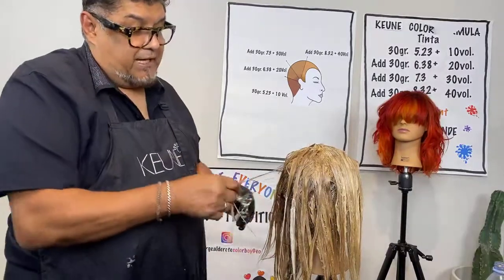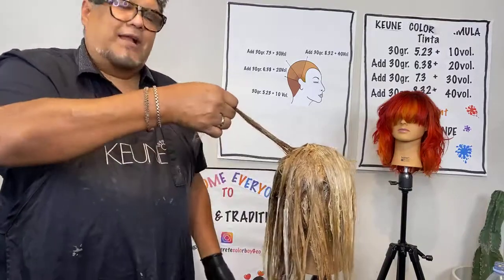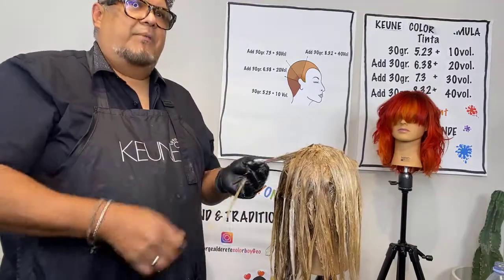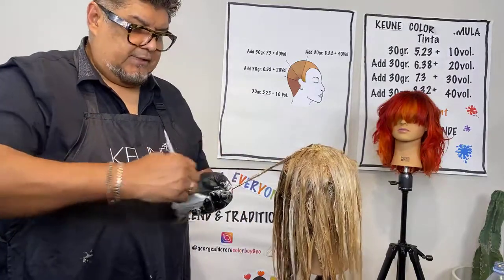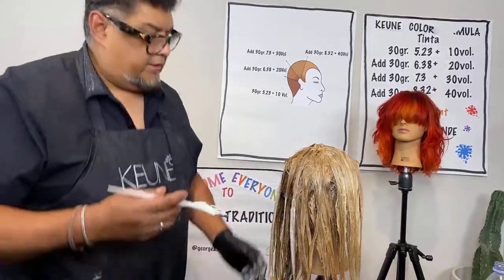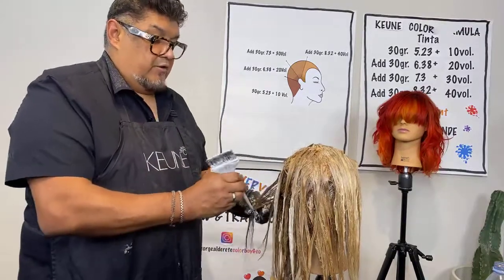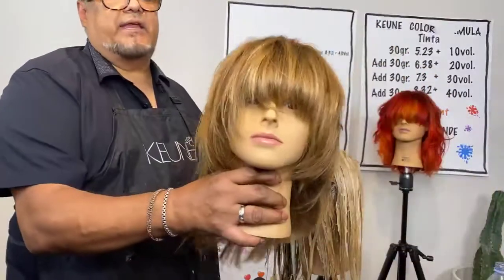So the question might come up, do you have to tone this? No, because by having that color already in that mid shaft and pulling it through, there was no toner. So when you look at the mannequin that I've done, you're going to see that there's no toner or glaze that's been applied to this mannequin.